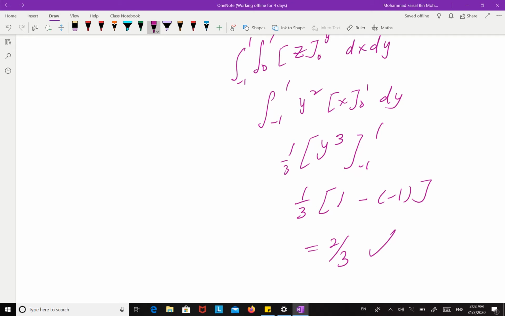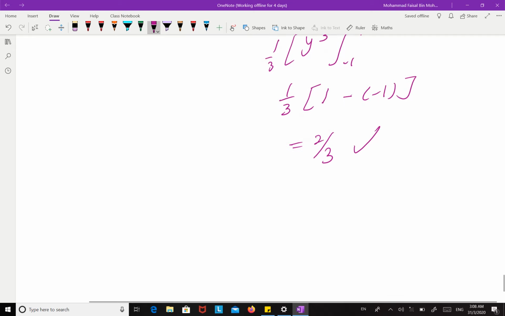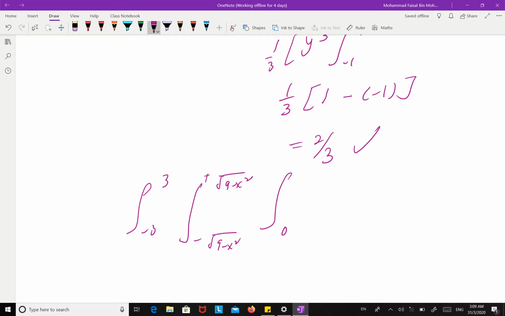Okay, question 4. So question 4 regarding the same concept. Question 4. In question 4a, 4b, sketch the solid whose volume is given by iterated integral. They ask you to sketch, but they give you negative 3 to 3, negative square root 9 minus x squared to positive square root 9 minus x squared, and then 0 to y plus 6, dz dy dx.